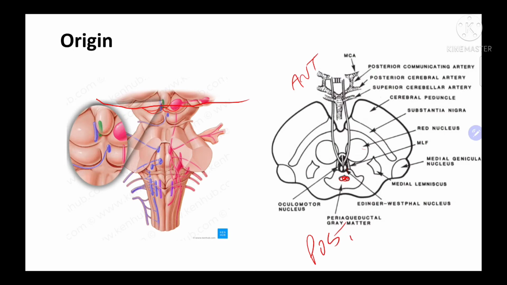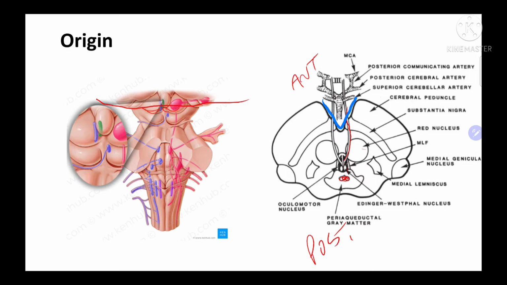You see it cross the medial longitudinal fascicle here, and you see they cross this structure and cross the substantia nigra, and then goes out of, again, the fossa. We put in blue the fossa here. Yes, remember this is the fossa, the interpeduncular fossa.